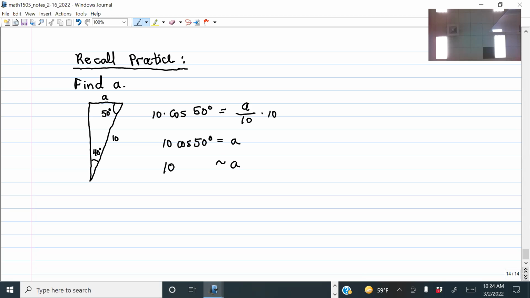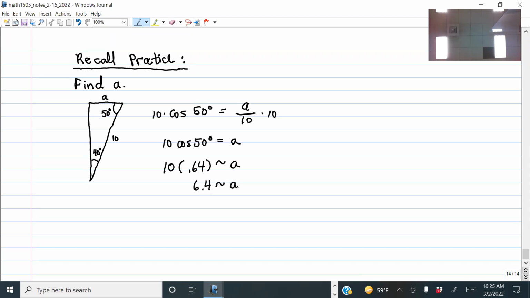So there's where our calculator comes in handy. Approximately what is the cosine of 50 according to the calculator? 0.64. And so when we multiply, A is going to be about 6.4. Okay, so do y'all remember that?